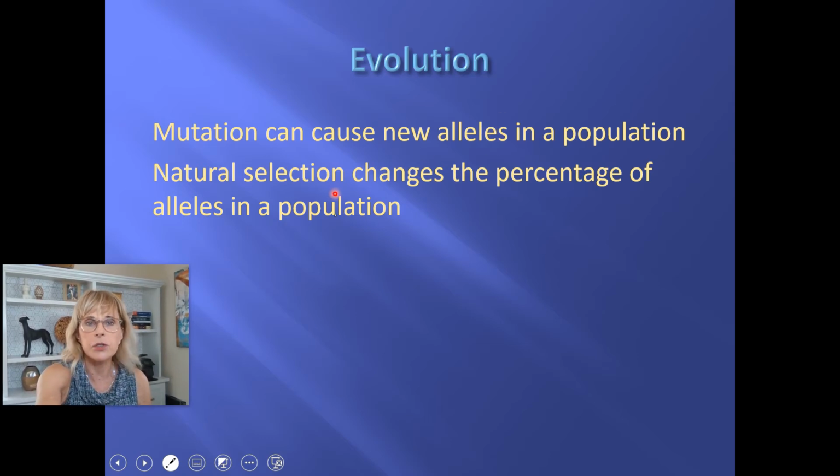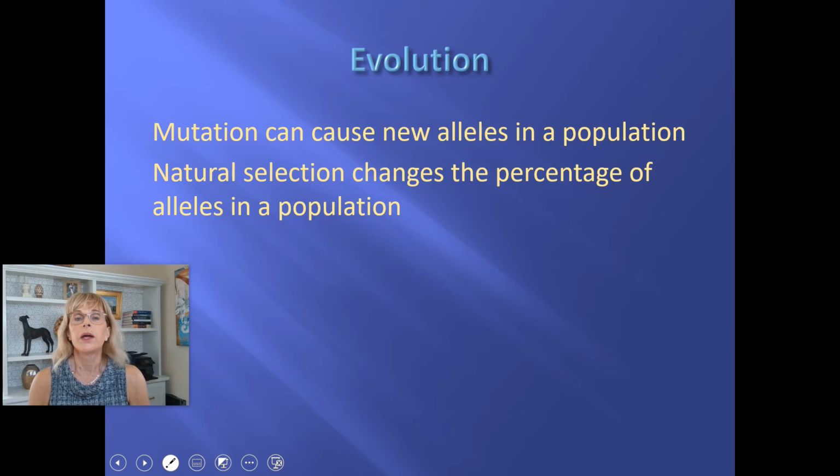Then it's natural selection that will change the percentage of alleles in a population. So when there was an allele that made a praying mantis look a little bit more like the leaves it hangs out on, whatever that new allele was, it is selected for by natural selection.